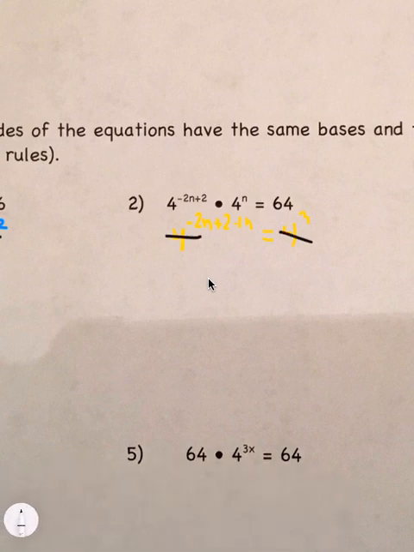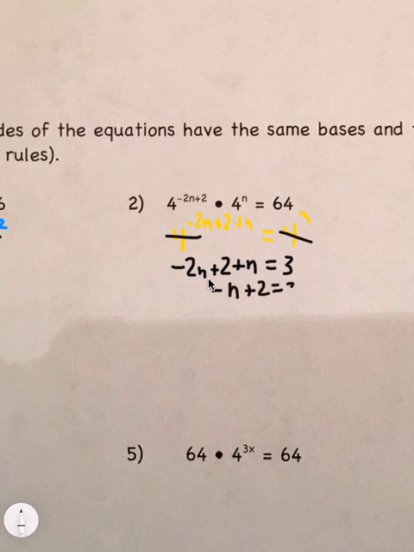Negative 2n plus 2 plus n equals 3. Negative n plus 2 equals 3. Negative n equals 1, or n equals negative 1. So once we get the bases the same, it's very simple.